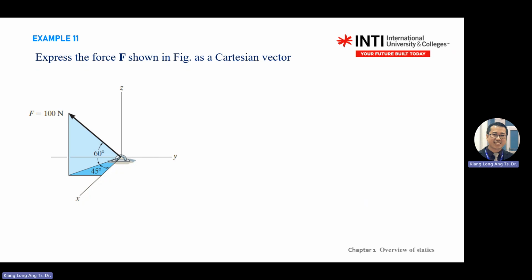J is negative, because when you split this one, it is pointing this way, so a negative value here. K is positive, going up. The rest is using cosine rules, tangent, cos, or trigonometry. You are given the angle, so you should know which one is sine, which one is cos.